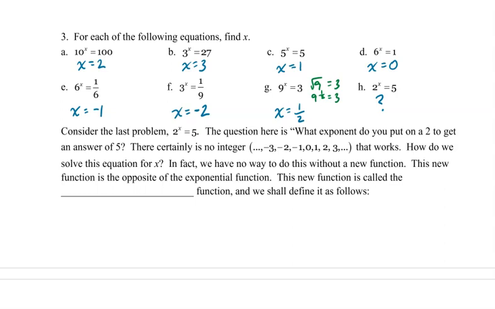For that, we are going to talk about a new function. It's going to be a function that's the opposite of the exponential function. And this new function is called the logarithmic function. And we define it as follows.